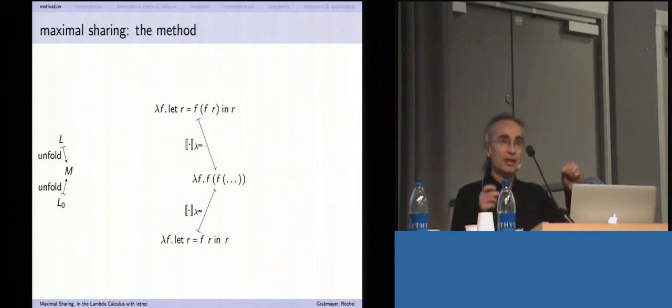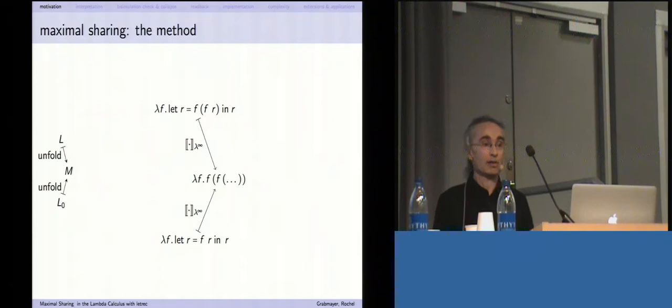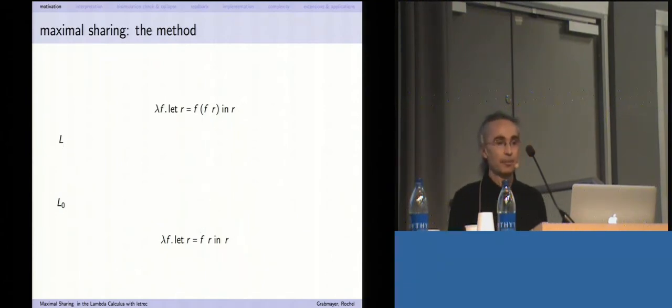If one stepwise works out the let expressions and approximates an infinite term, then the infinite lambda term in the middle is reached. So they have the same infinite unfolding. And now the question is how to get from the more involved Lambda letrec term to the easier one.